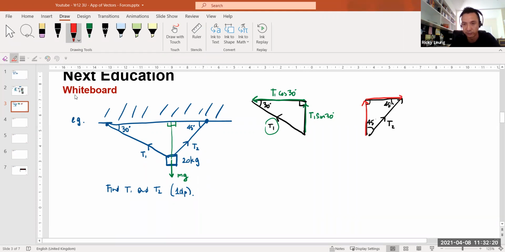That's T2 sine 45, and T2 cos 45 as well. Just to avoid ambiguity, I'm going to remove this 45, just to let you know that I'm using the one upstairs.